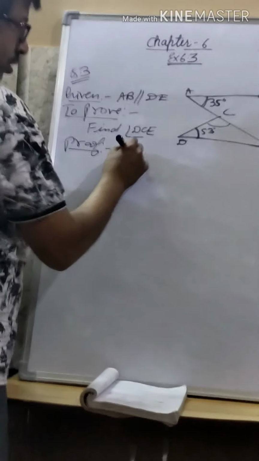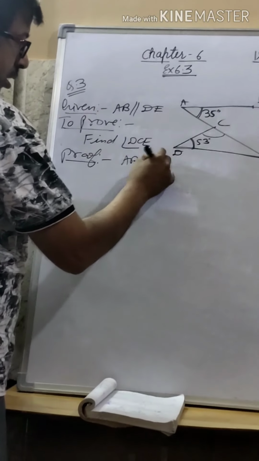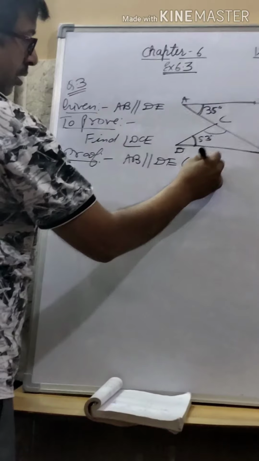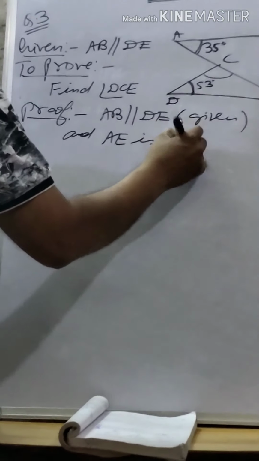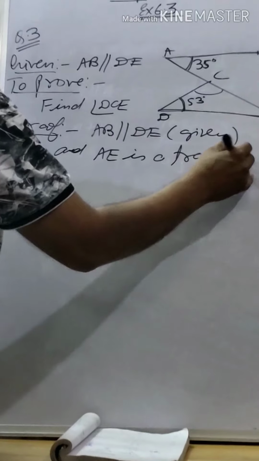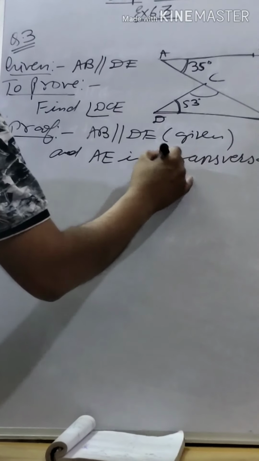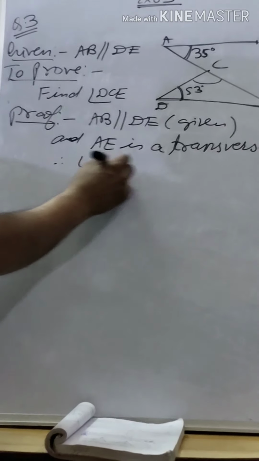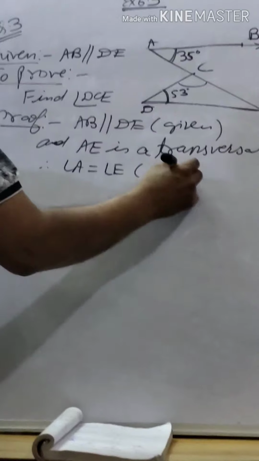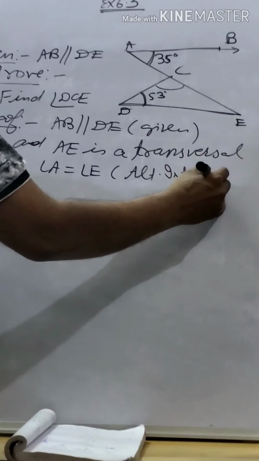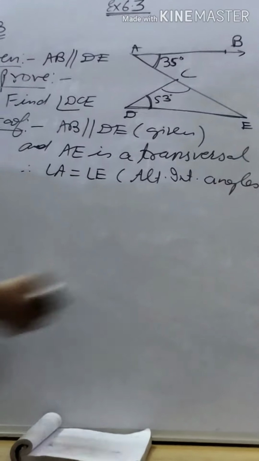first of all you see AB is parallel to DE, given, and AE is a transversal. Since AE is a transversal, angle A is equal to angle E. You can say alternate interior angles.